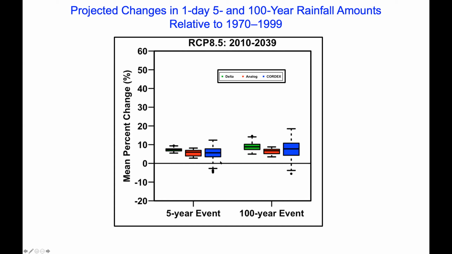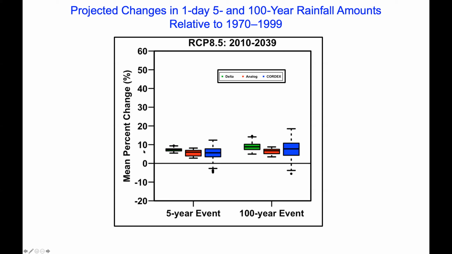So what we see in the short term is really not much difference in what any of the downscaling approaches are saying in terms of the percent change in the 1 day 5-year and also the 1 day 100-year rainfall amounts, 5-year on the left, 100 years on the right.